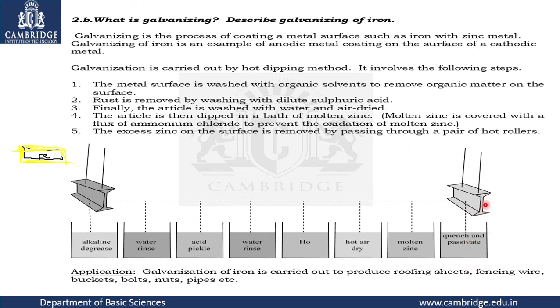After drying, this object is ready to be made into a sheet, fencing wire, bucket, nut, bolt, pipe, etc., so that the durability of the object will increase as long as there is a zinc coating on it. That's how the galvanization process is carried out.